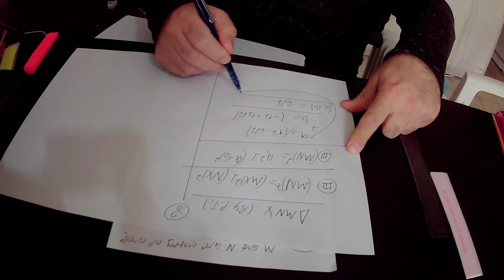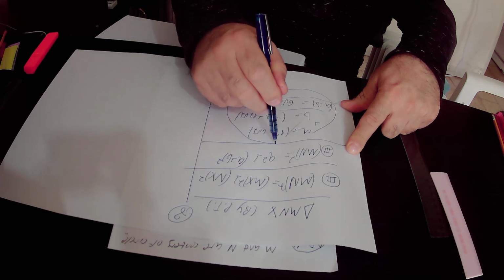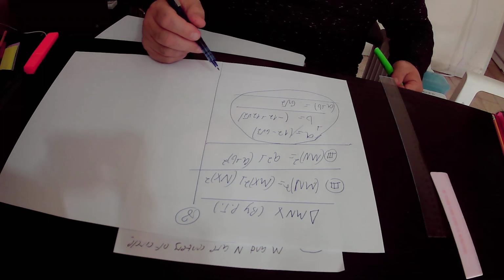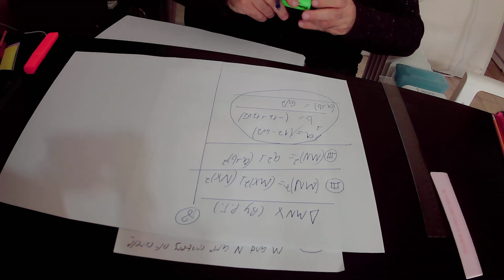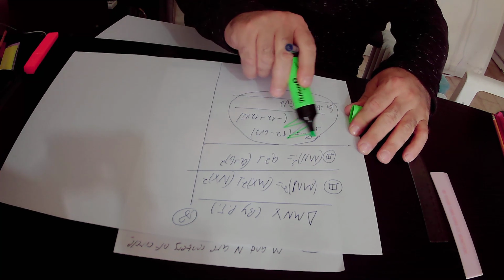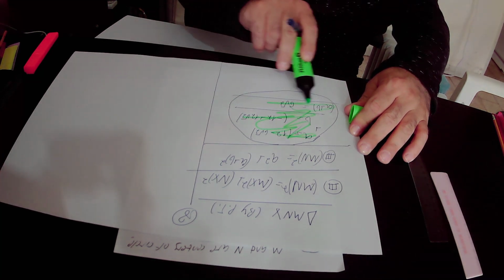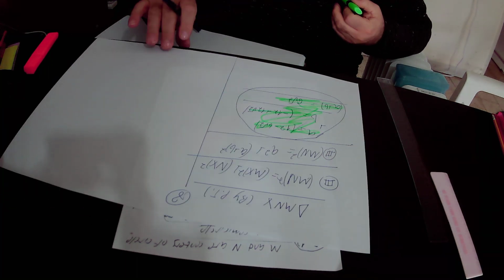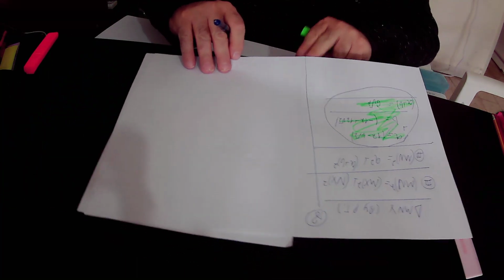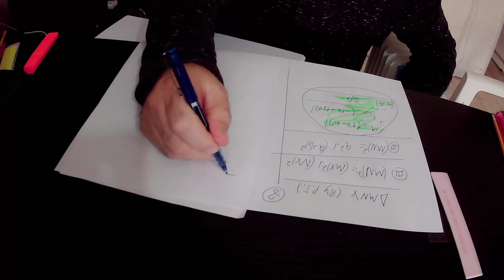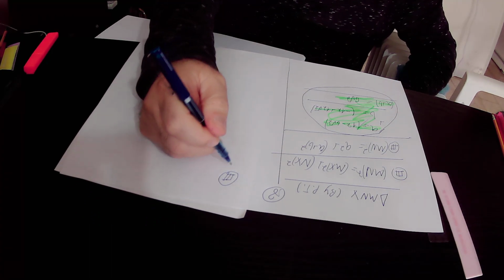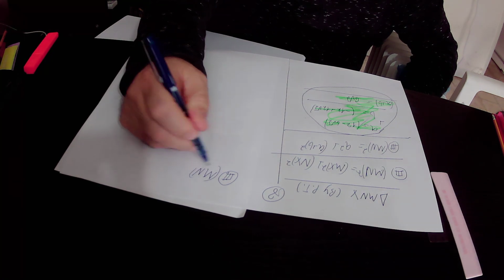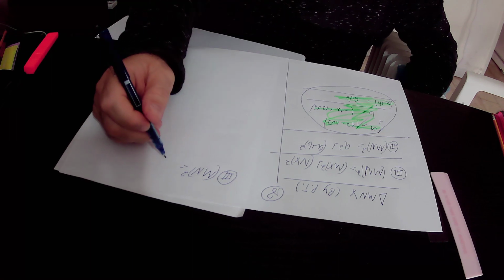We will put these values inside equation number 3 in order to find the value of the variable that we are looking for, that is actually Mn. Okay. So according to equation number 3, Mn squared equals A squared.